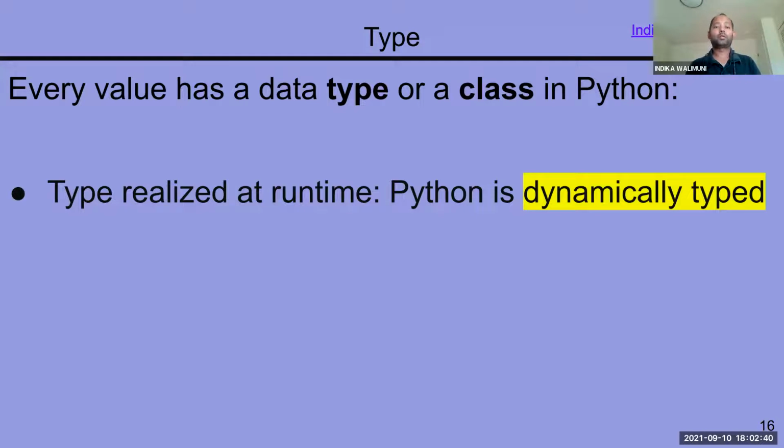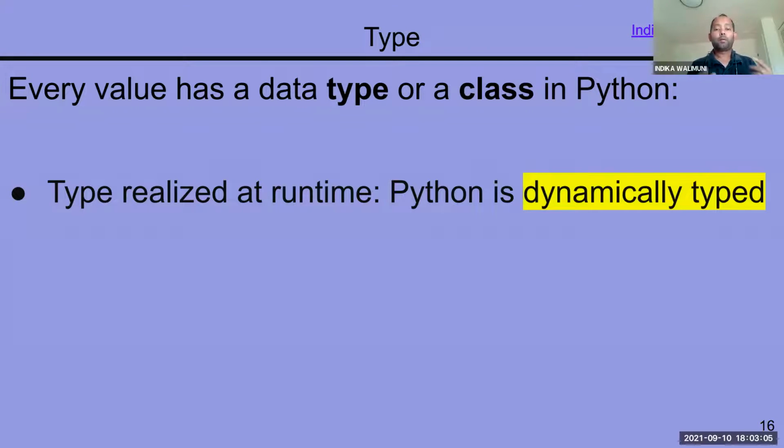When Python runs the code, the type gets realized. Python takes the value, for example 20, and decides, oh no, that's not a word or phrase, so not a string, it's a number. More specifically, it doesn't have a decimal point, so it's an integer number. So the type is int.